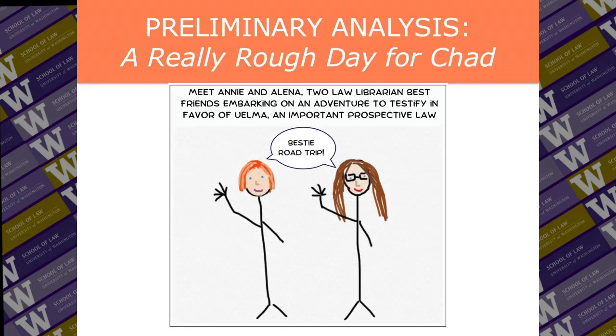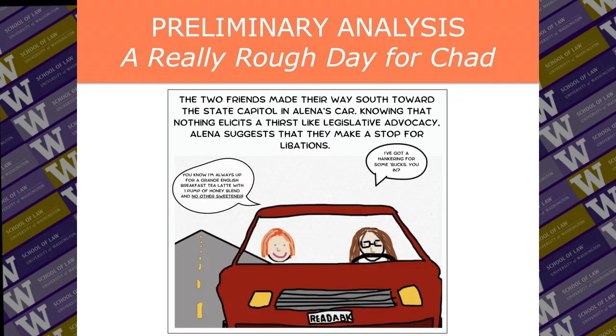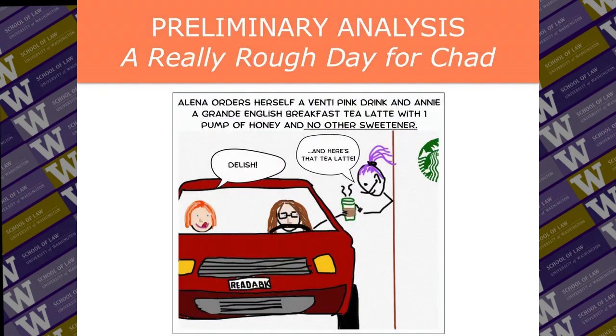Alena and Annie are UW Law librarians who are driving along I-5 in Alena's car from UW in Seattle to Olympia, where they're going to be speaking to the state legislature about the importance of making the revised Code of Washington accurate online. They stopped on the way at their favorite place, Starbucks, so that Annie could order a grande English breakfast tea latte with 1 pump of the honey blend and no other sweetener.